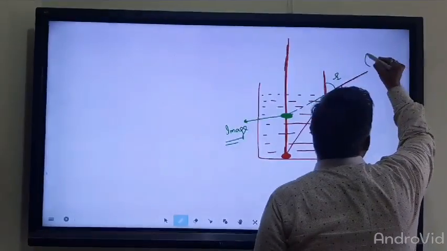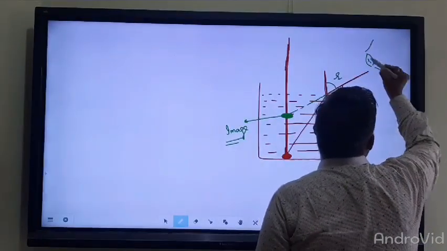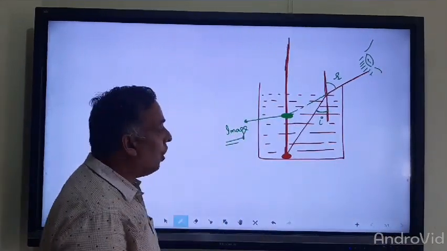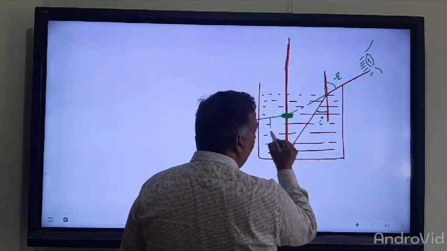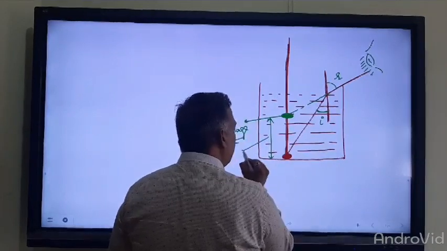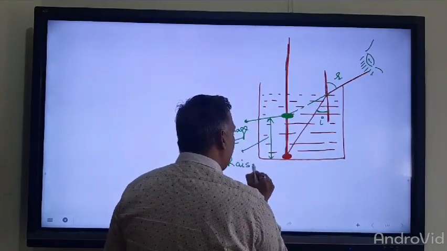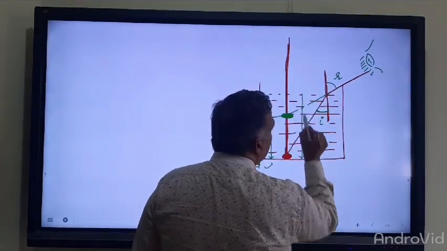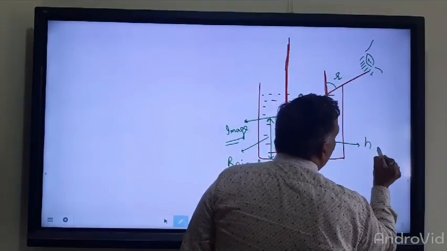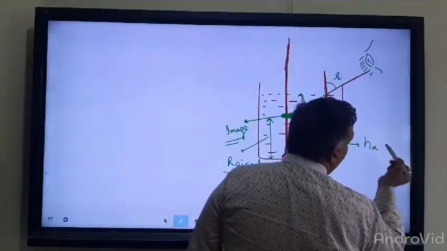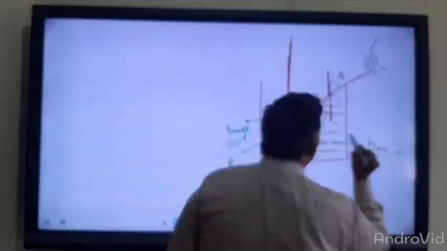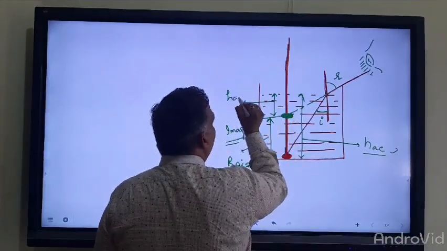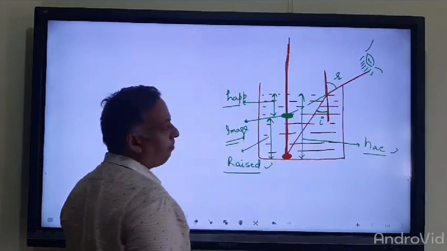When the viewer is seeing the object, the image seems to be here. So this object seems to be raised by this distance. So actual depth is called the real height, and this is called the apparent height.